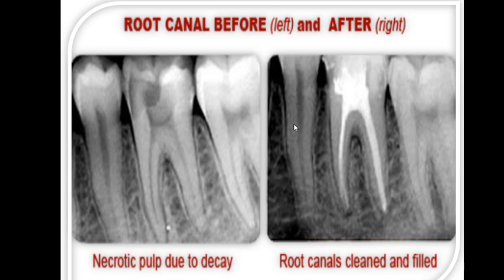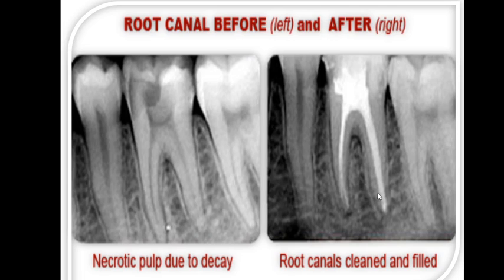And this is after filing. So we make filing and then we make obturation. This is after filing and obturation. Can you see? This is the gutta-percha. How does it look? The pulp looks radiolucent, while the canal after being filled with gutta-percha looks radiopaque.